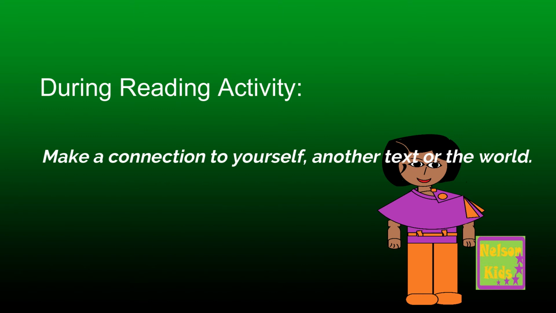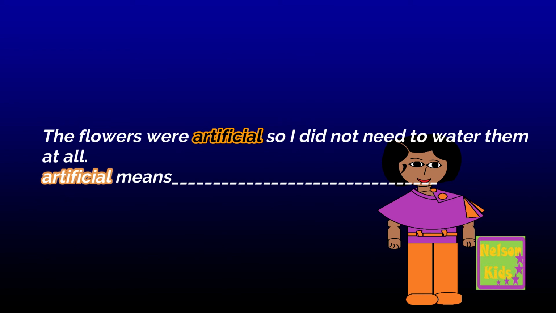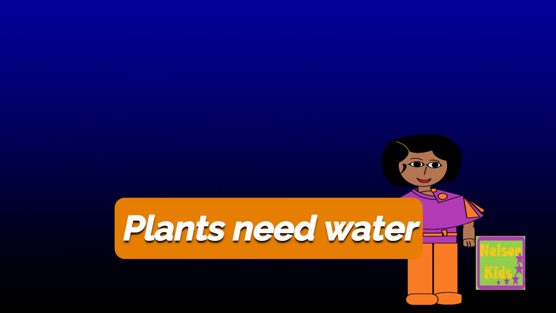This is another example. The flowers were artificial, so I did not need to water them at all. The fact of the matter is, once a plant is living, we must water the plant. So the clue words there can be, did not water them at all.